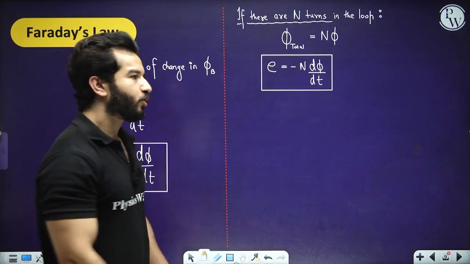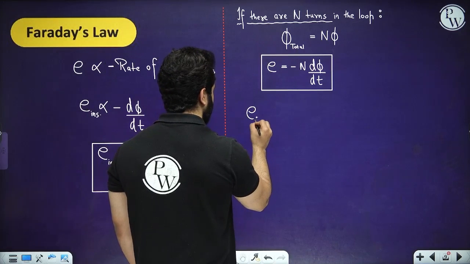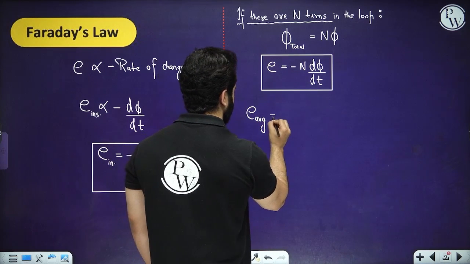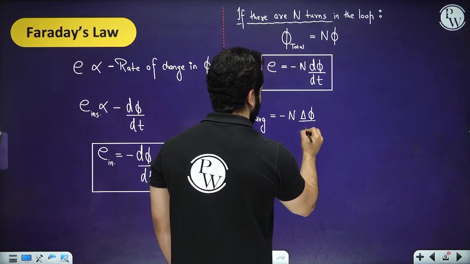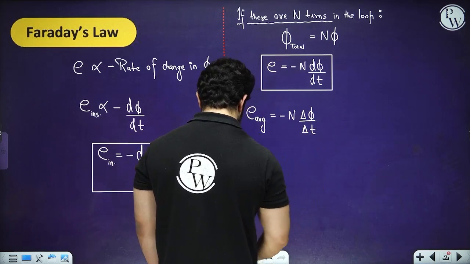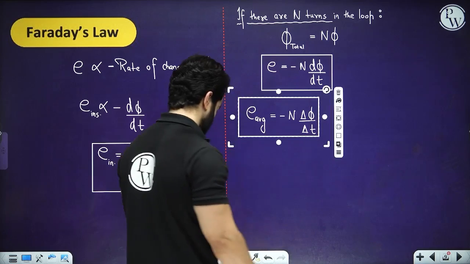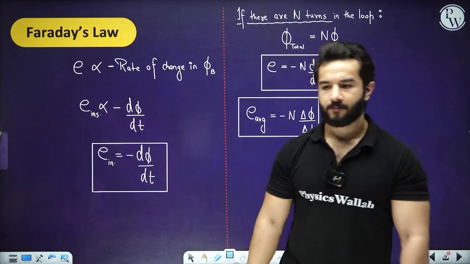Alright, or if you are going to talk about an average EMF, then the average EMF can be written as minus n ΔΦ by Δt. Hopefully everything is clear, right?